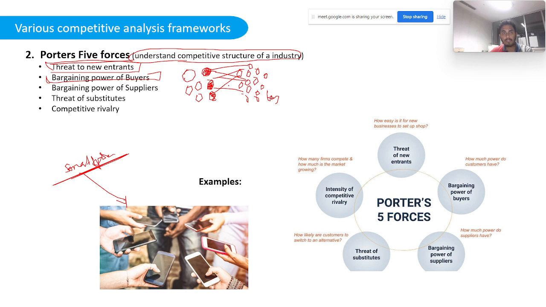So you want to capture more people, so you need to provide some discount on your product.